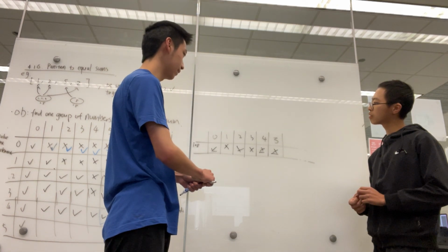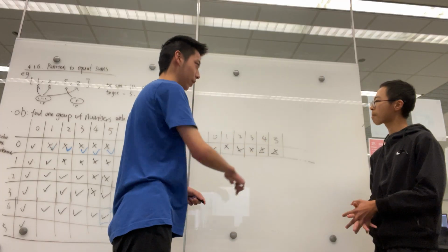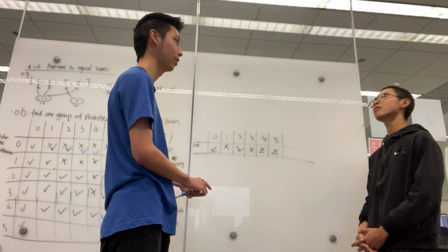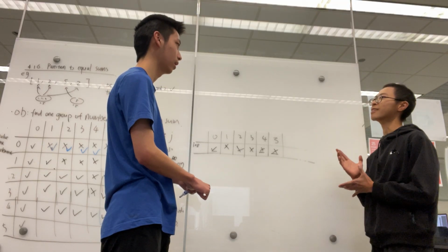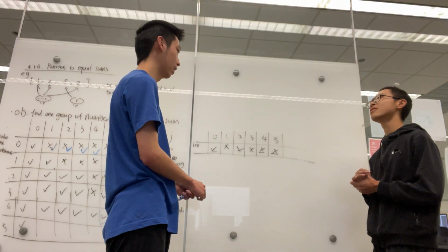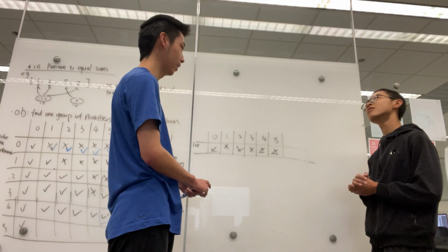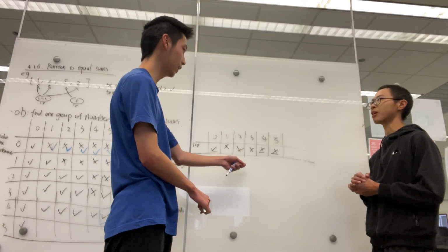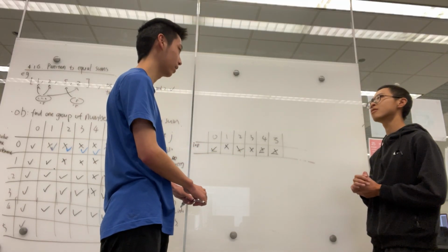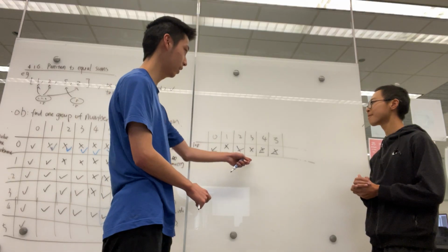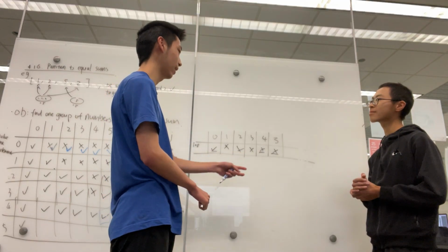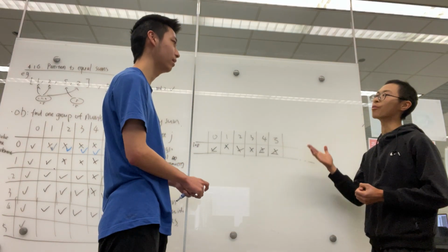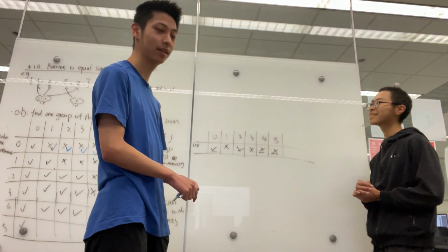So if this 4 cell was already true, then we just keep it true, because that means we can already make it. Even if we look back and we cannot make the previous one, it doesn't matter because we can still make this using the elements before this one. Yes, exactly. That makes sense.